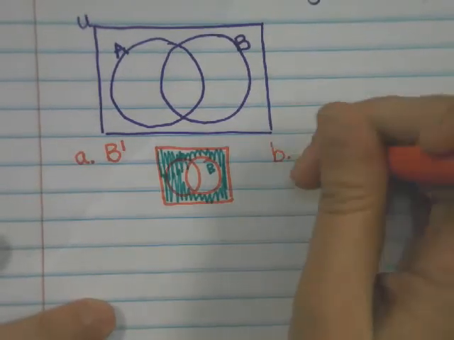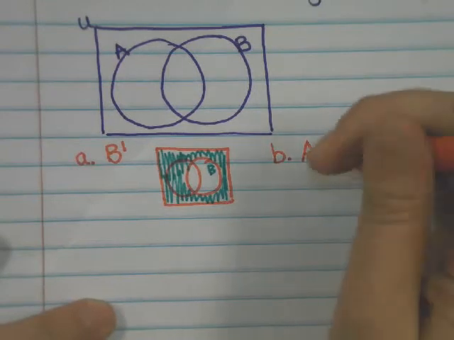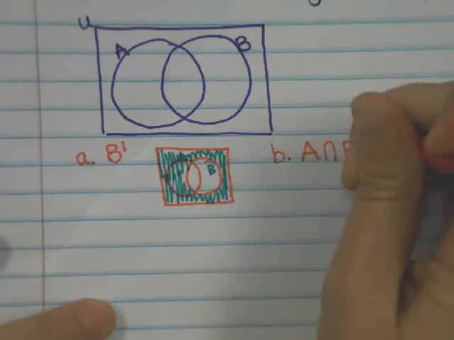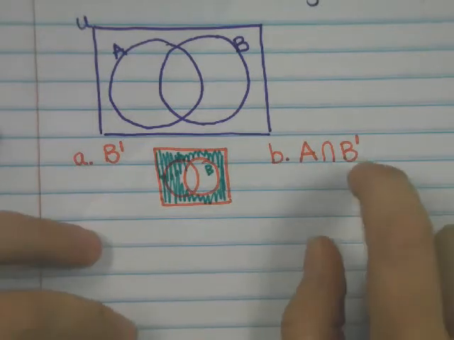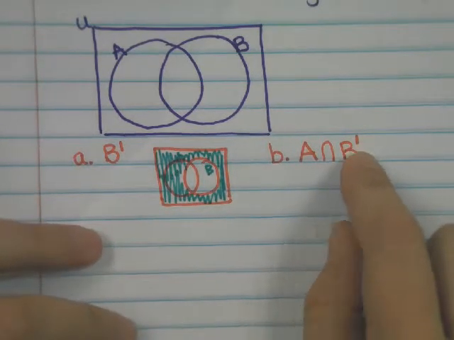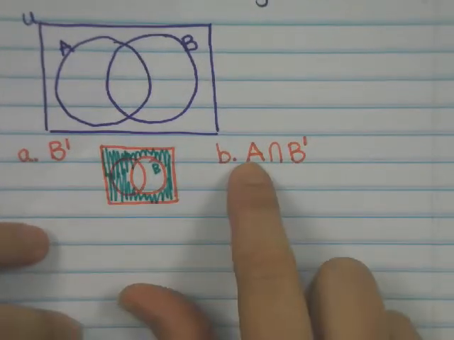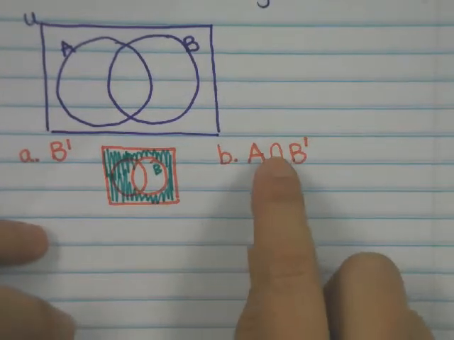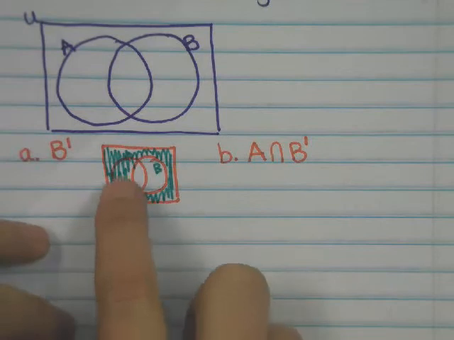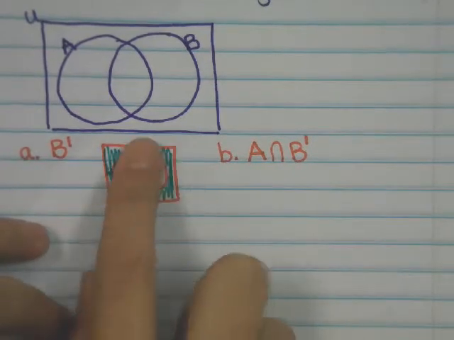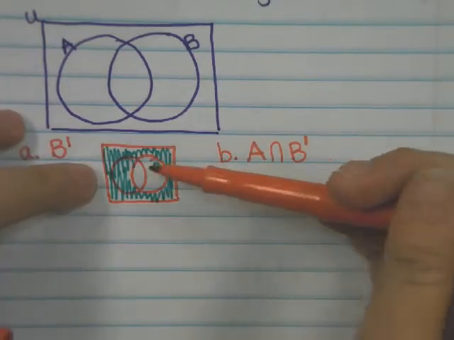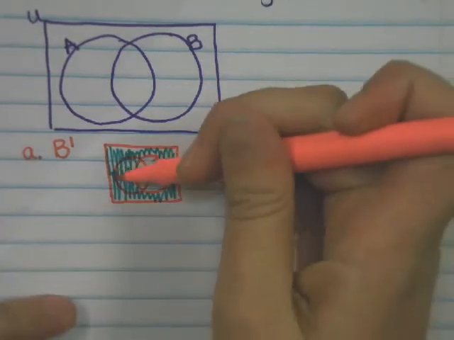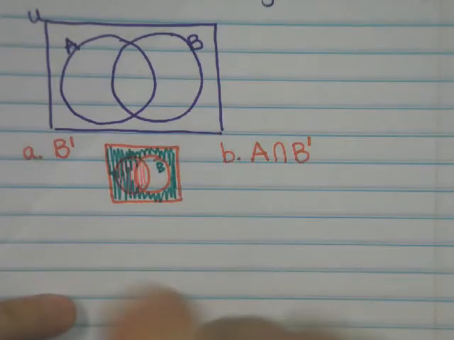Okay. What if I wanted to shade A intersect B complement? A intersect B complement means that we find the complement of B, which we did here, and we intersect that with A. So we want to know what terms are both in A and in B complement. The terms that are in B complement are all teal here, and then the terms in A are the whole A circle.